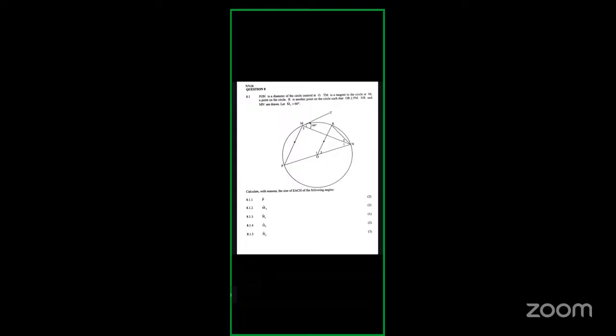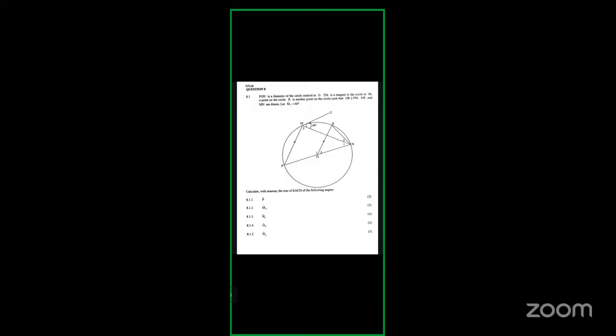Question 8 is saying PON is a diameter in this diagram of this circle centered at O, the center of the circle. Then TM is a tangent to this circle at the point M, a point on the circle.